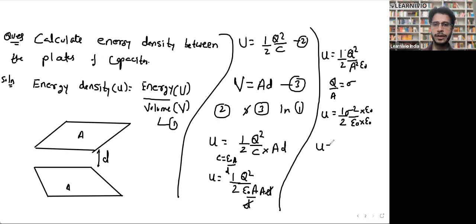So we will get energy density is half sigma squared by epsilon naught squared into epsilon naught. Next, we can write sigma over epsilon naught as E. This is the expression of electric field between the plates.